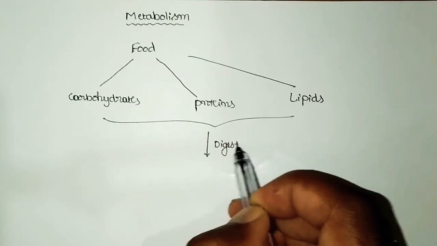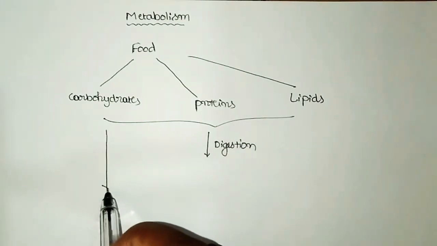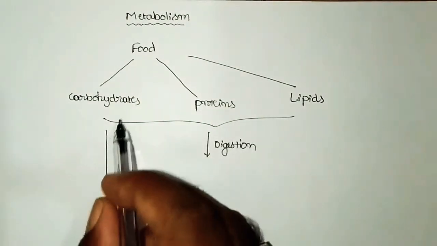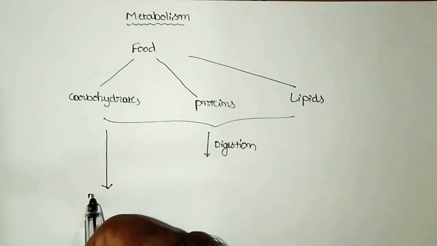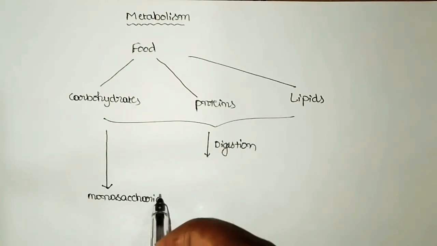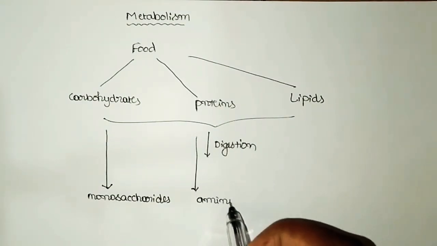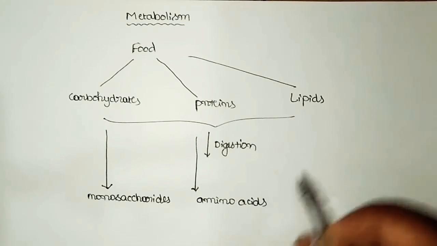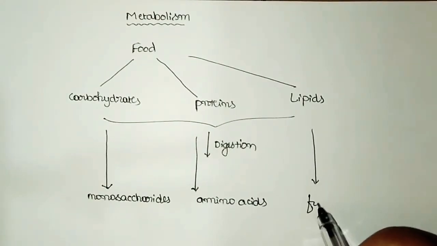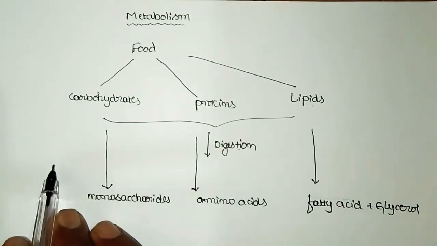So, say carbohydrate splits up to give monosaccharides, and protein molecules break down to give amino acids, and lipids will break down to give fatty acids and glycerol. So these are the simpler molecules that are produced during the digestion of these complex nutrient molecules.